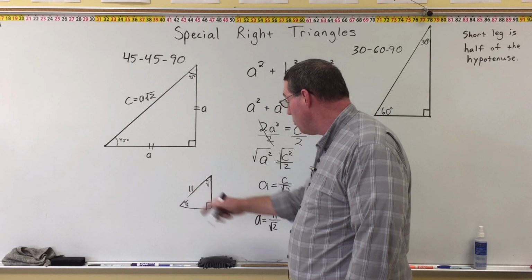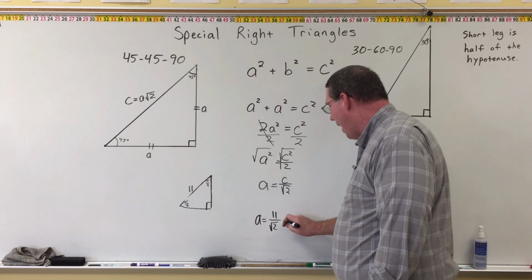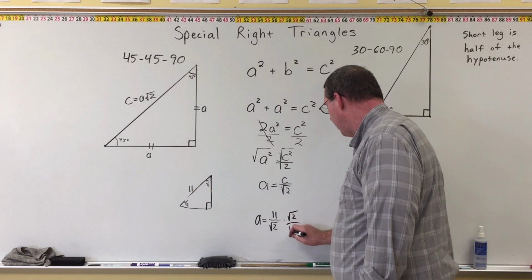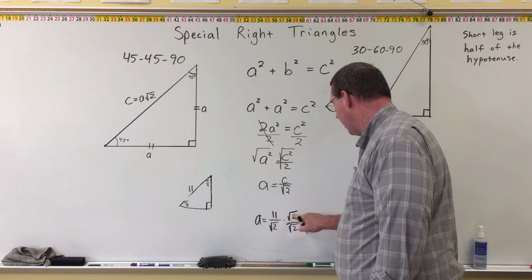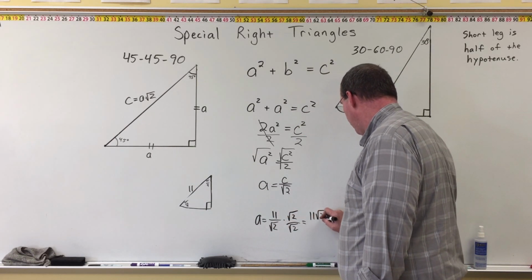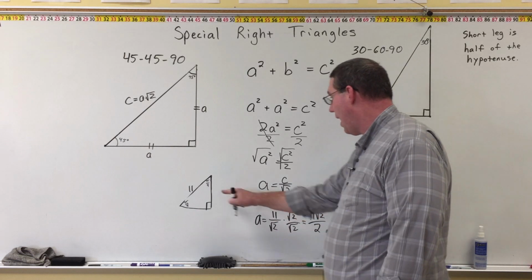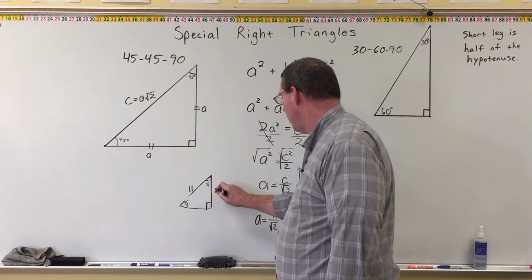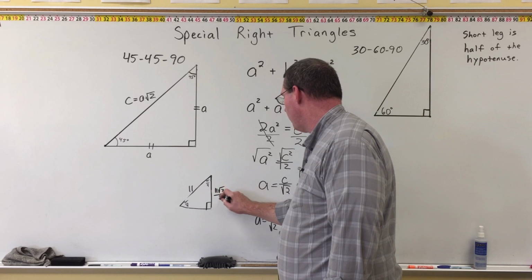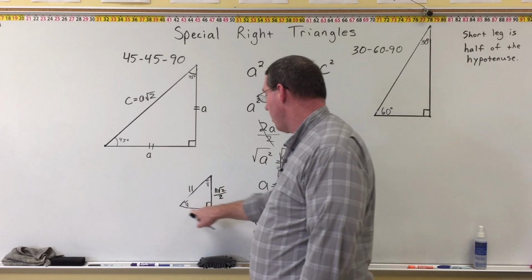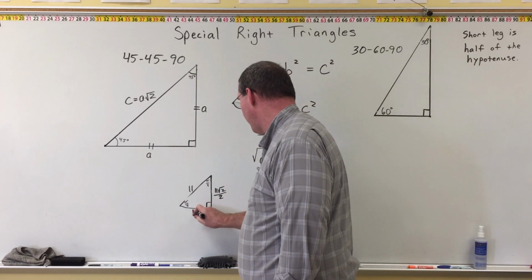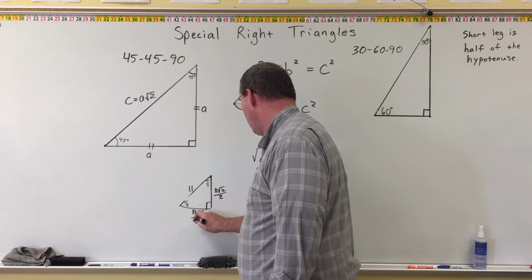Just divide the hypotenuse by the square root of 2. Now we need to rationalize the denominator. And so here we get 11 times square root of 2 over square root of 2 times square root of 2, which is 2. And so a now is 11 square root of 2 over 2. And since this leg is the same length as this leg, it's 11 square root of 2 over 2.